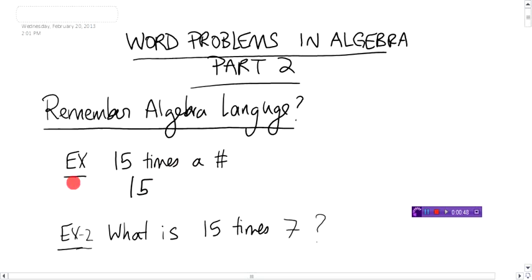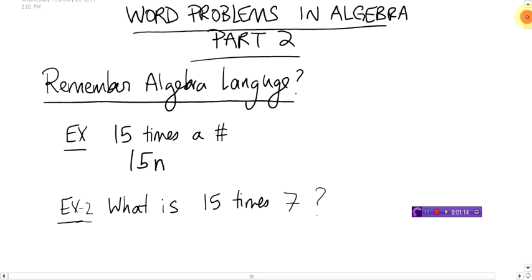Times means we can just put nothing next to it, and for a number or some number, pick any letter you like. We'll just use n to represent the number. 15n. Done. You knew that before.